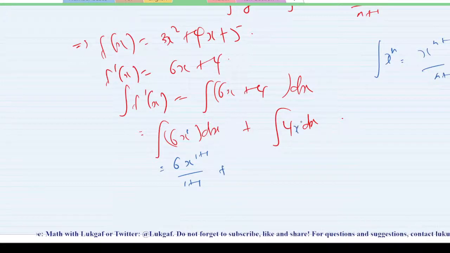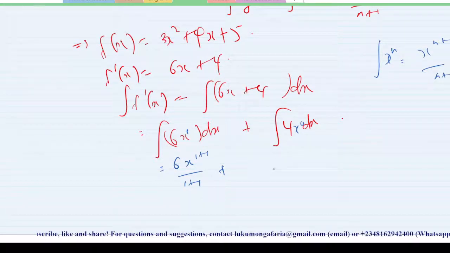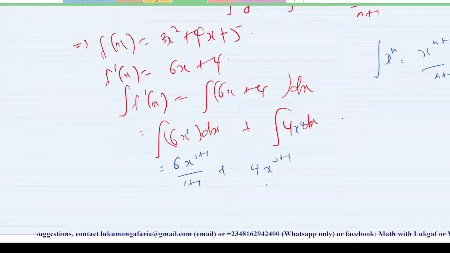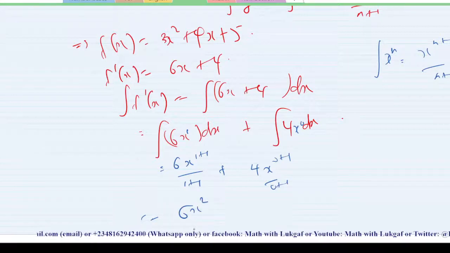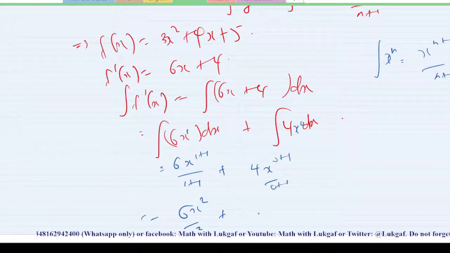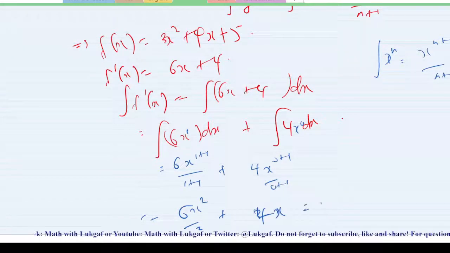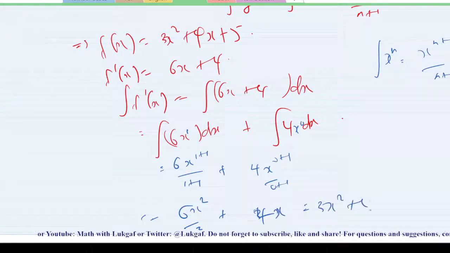Then this is as if you are having x raised to 0, because x raised to 0 is 1. It doesn't have any impact here. So then this one is going to give me 4x raised to 0 plus 1 divided by 0 plus 1. Then this one will give me 6x squared divided by 2 plus 4x, right? That is 3x squared plus 4x.